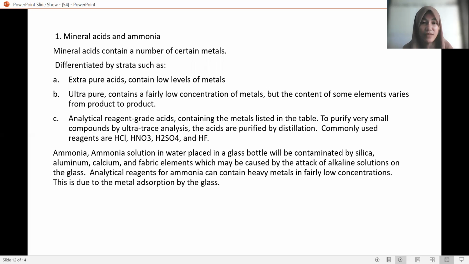Ammonia solution in water placed in a glass bottle is contaminated by silica, aluminum, calcium, and other elements, which might be caused by the effects of the alkaline solution on the glass. Analytical reagent for ammonia can contain heavy metal in very low concentration. This is due to the metal absorption by the glass.